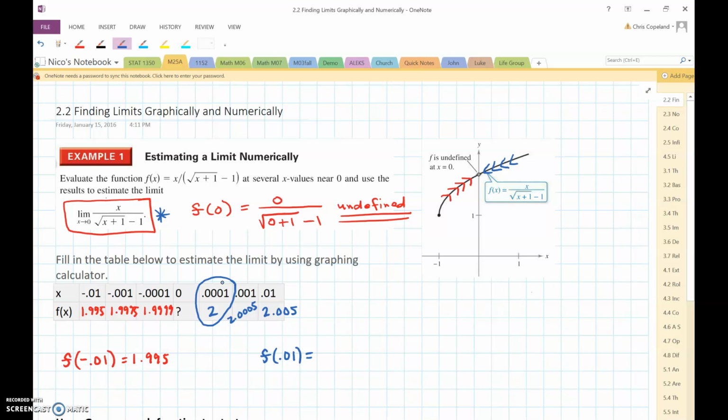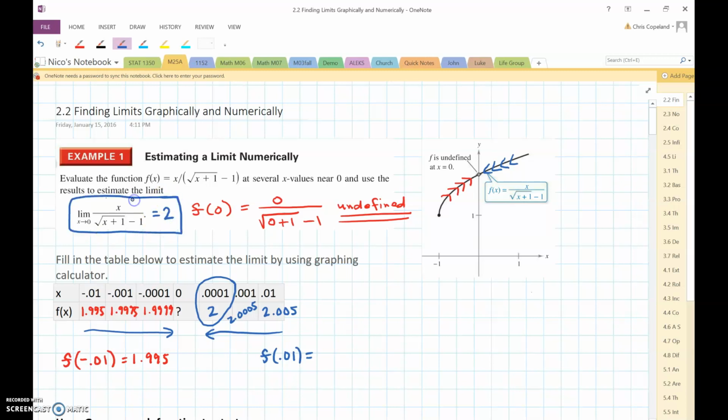So from this approach, when I pick x values coming from the left, it approaches 2, and when I pick x values coming from the right, approaching 0, both end up equaling 2. Therefore, we can say this limit is equal to 2.